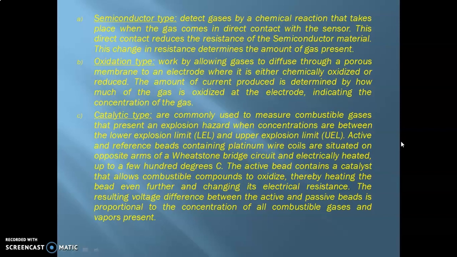Now this change in the voltage difference is what determines the amount of the combustible gases or vapors that are present within the premises. What this means is that the voltage difference between the active and passive beads that takes place due to the chemical reactions taking place within the gas detector is directly proportional to the concentration of these combustible gases and vapors.